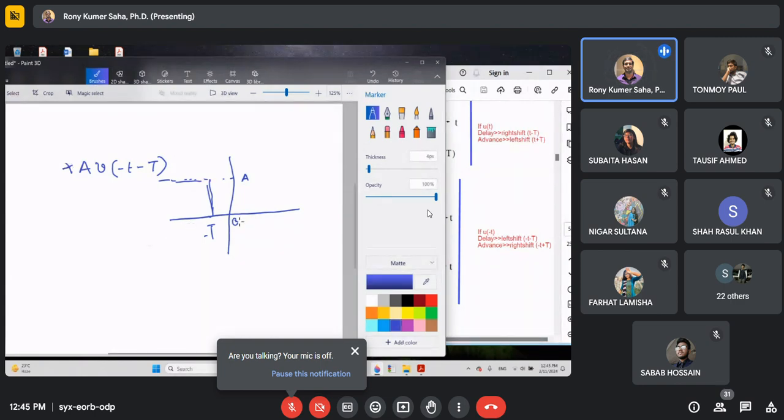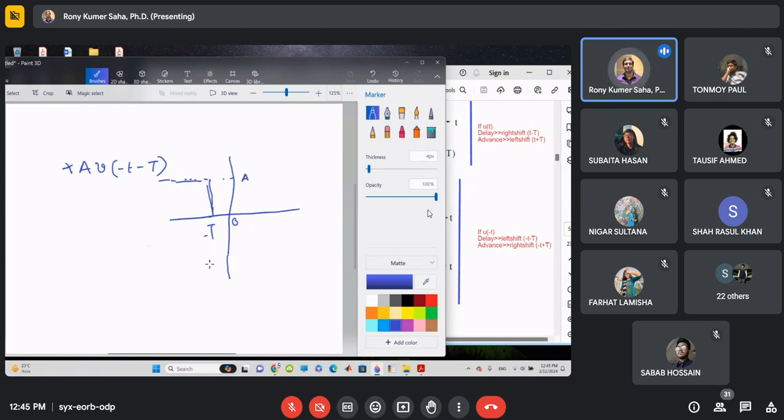Now you're done. But what if this one is negative? Then you just have to flip this one down. So it basically starts from here, right? So it's a minus one. This way you can also show the different results.